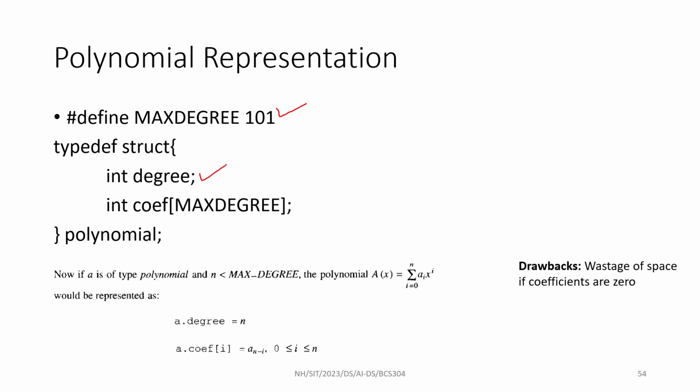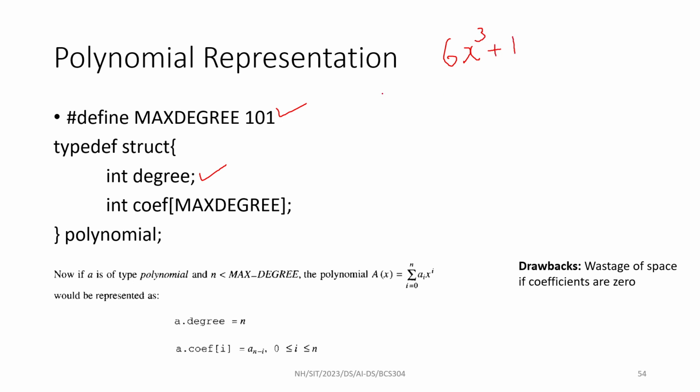The first field of that is degree. Second is coefficient of all the terms of exponent, like from highest exponent to the smallest one, that is polynomial. In this case, suppose my polynomial is 6x cube plus 1.